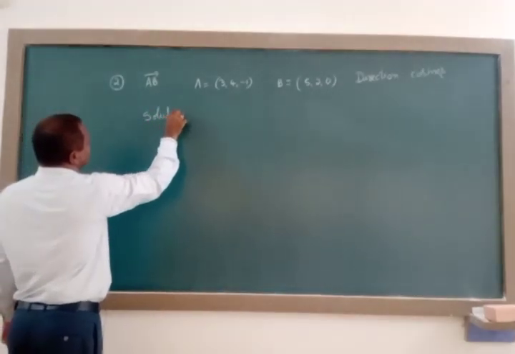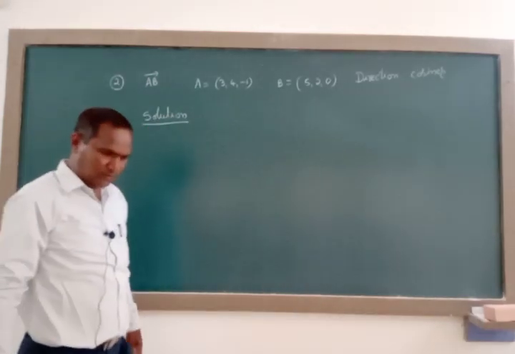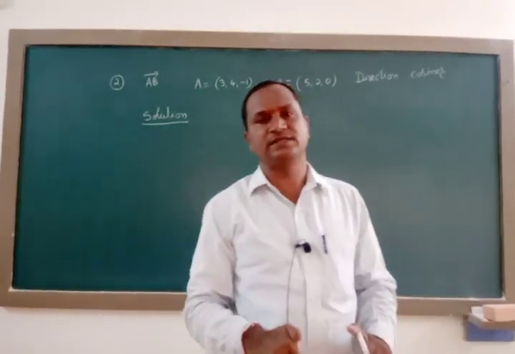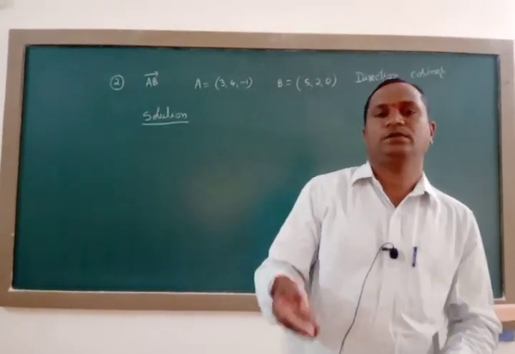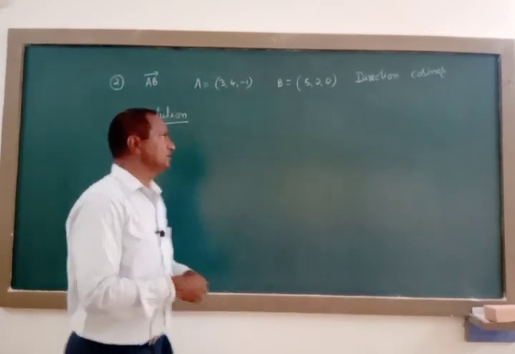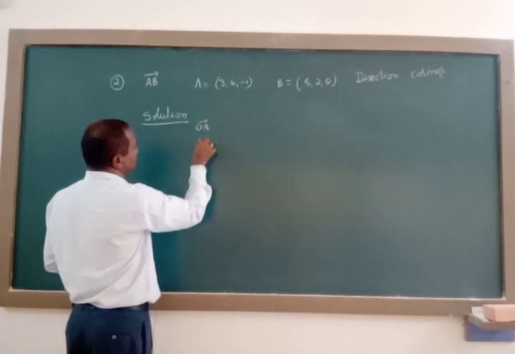whenever in vectors, if they mention points or position vectors of the points, directly you can consider them with the symbols OA bar and OB bar.